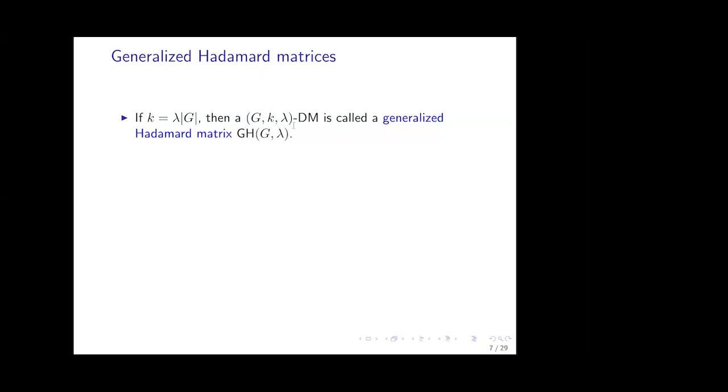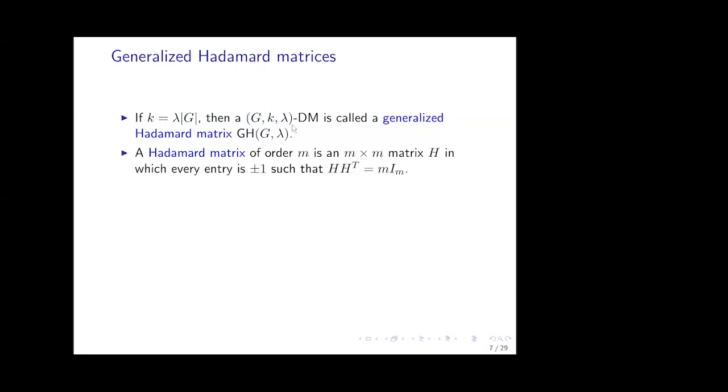What's the relation between this matrix and the classic Hadamard matrix? A classic Hadamard matrix of order m is an m by m matrix H in which every entry is 1 or minus 1 such that H times the transpose of H equals m times the identity matrix. And we can check these facts.